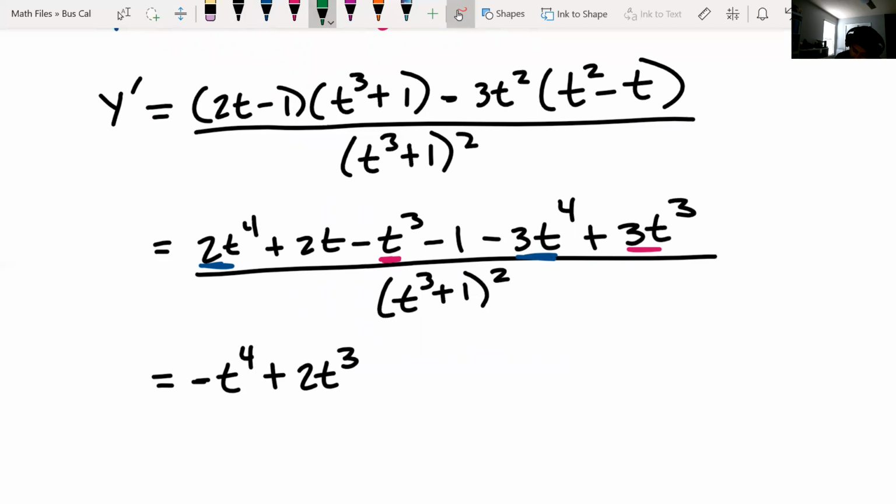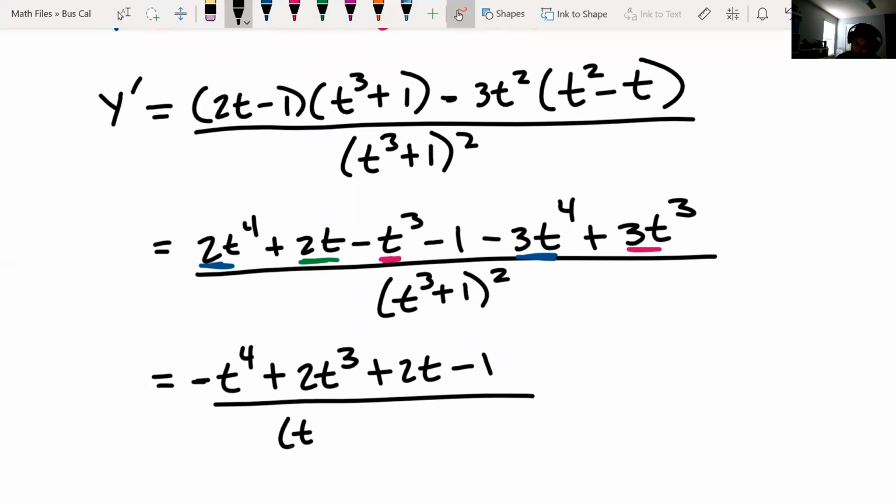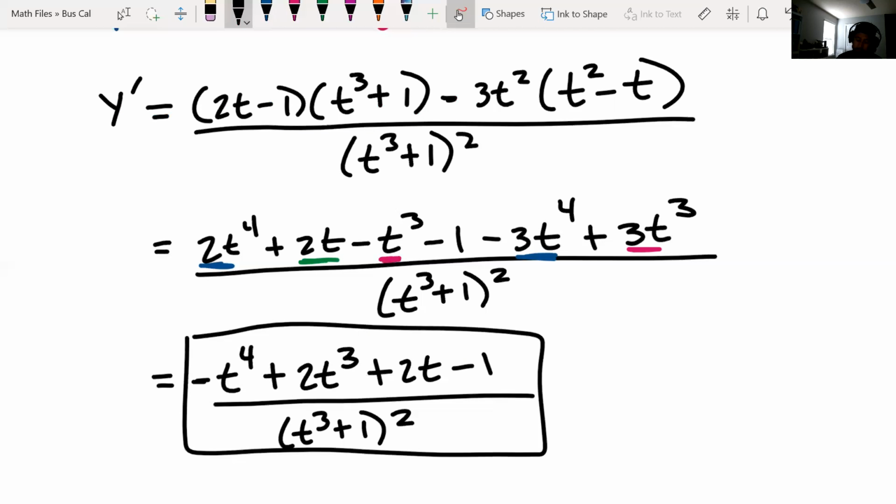And then all that's left is this t and that 1. So plus 2t minus 1 over (t cubed plus 1) squared. Nothing else we can do there.